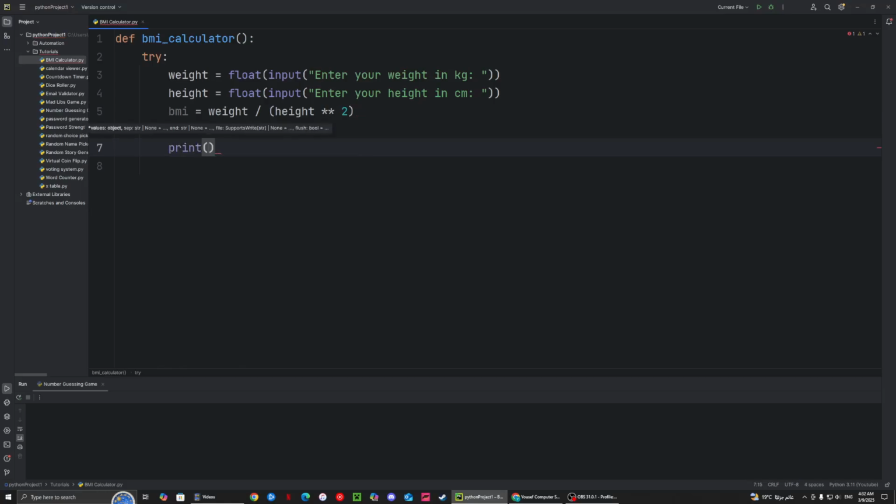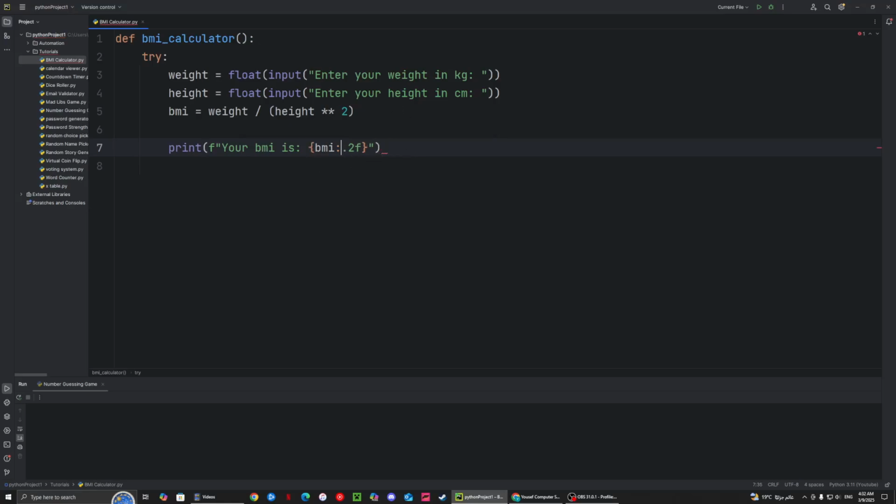So we want to print f, and then say your BMI is, and then BMI colon .2f. This might not make sense right now, but it will when I explain it.